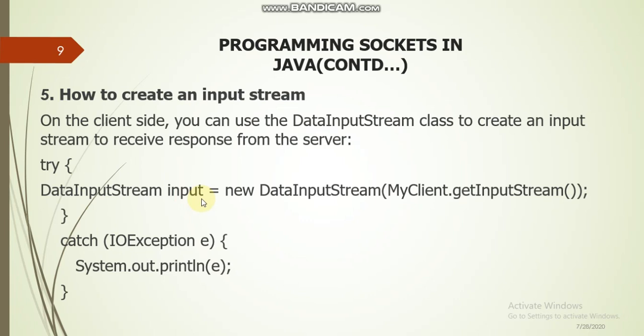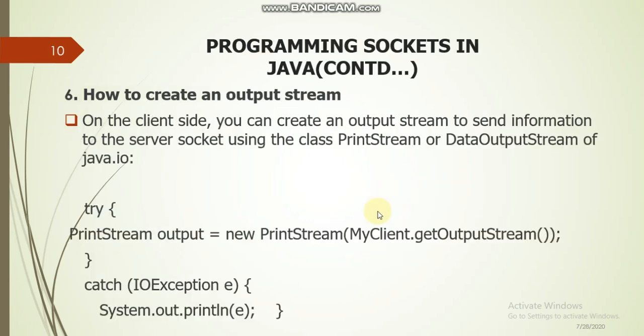For instance, at client side, for the client device to receive information from the server, we say DataInputStream input equal to new DataInputStream, then you specify myClient.getInputStream. Remember, myClient is the client socket name.